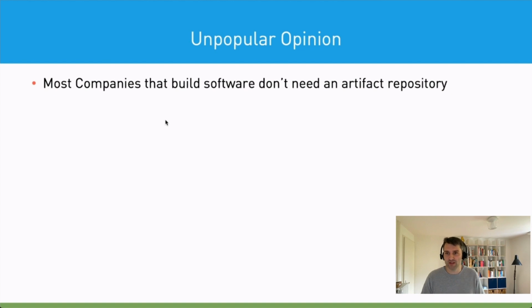My last topic is this unpopular opinion, and so I challenge to say that most companies that build software don't need an artifact repository at all. Maybe they need a container registry if they're fully on containers, but for most companies today, they don't really need an artifact repository, because the trend goes towards Git as a source of truth.